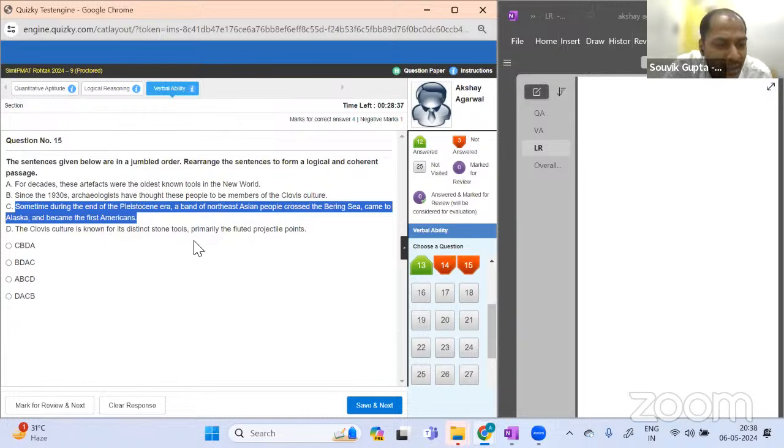Okay, sometimes then the Bering Sea came to Alaska, first Asian people. Since 1930s, for decades, these are. E and C, A and D are together.